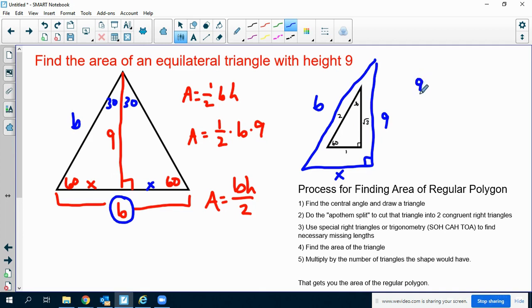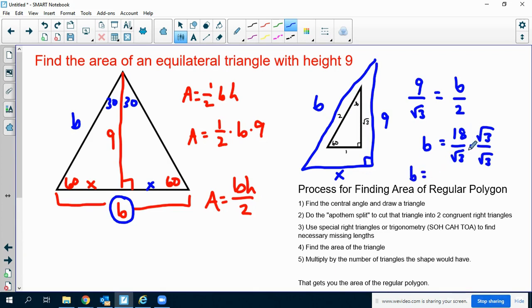So if I set up a proportion, 9/√3 equals B/2. So I find B by multiplying 2 to both sides. I get 18/√3. Just a reminder, this would probably be acceptable as an answer, but I can multiply the top and bottom by the square root of 3, and I can simplify what the base is.